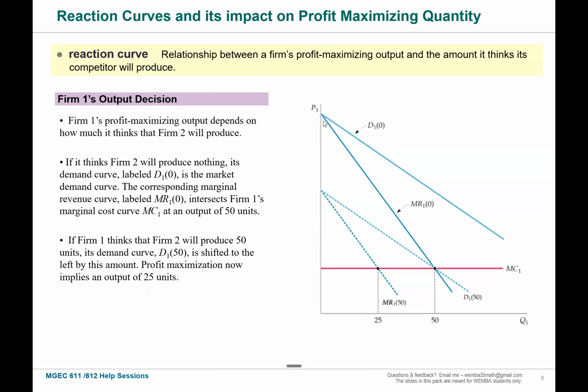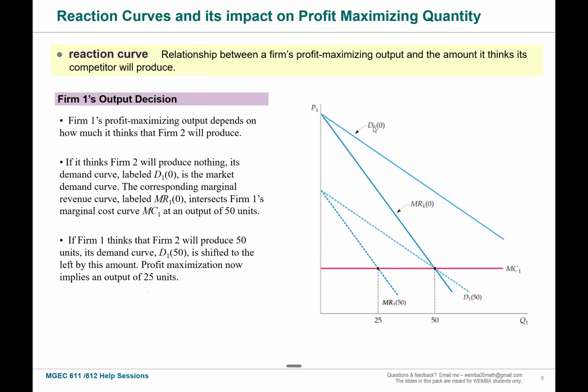Well, if you look at the monopoly idea, if you have a demand curve like this, D1 comma 0 means that firm 1 expects the entire demand to be satisfied by firm 1 itself. It expects firm 2 to make zero quantity. So if the second firm makes zero quantity, this becomes a problem of only one firm, right? So the demand is satisfied by firm 1 only.